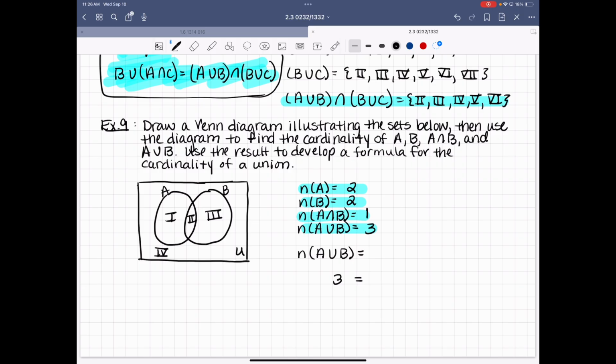We've already used the 3, so using 2, 2, and 1, and using plus and minus, make them equal 3.